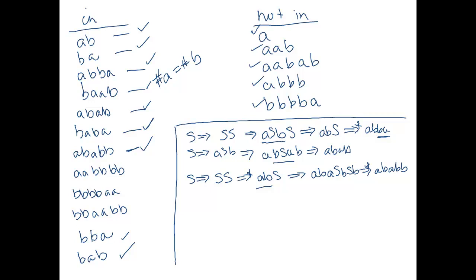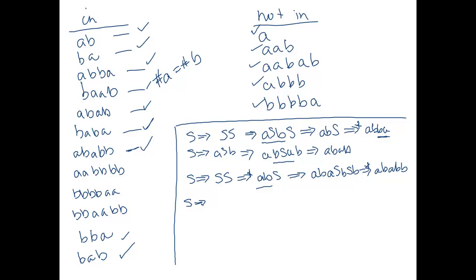Okay, so we haven't violated any of the rules of the language. So let's just do maybe 1 or 2 more of these derivations to show that we can do everything. Okay, so I've got 2 A's and 4 B's, so I need to use 2 of those rules that give me 1 A for every 2 B's.